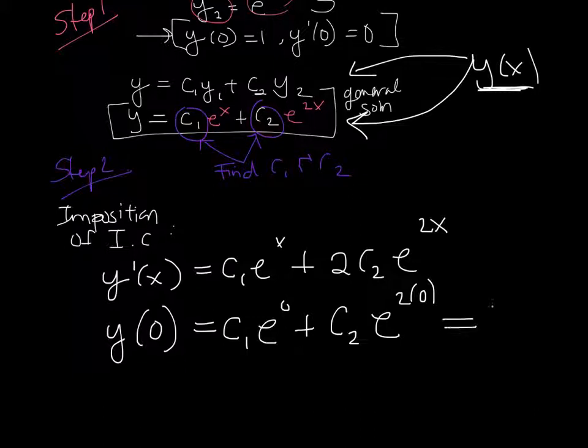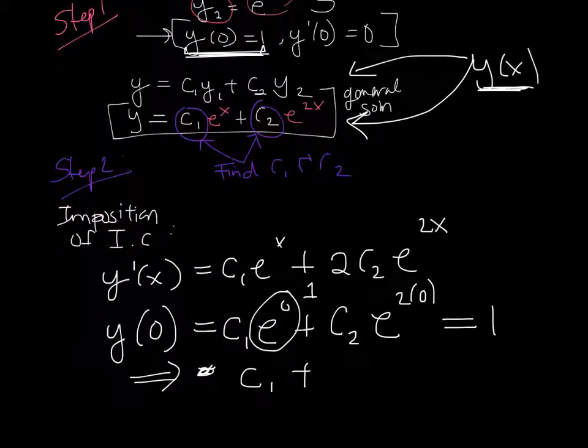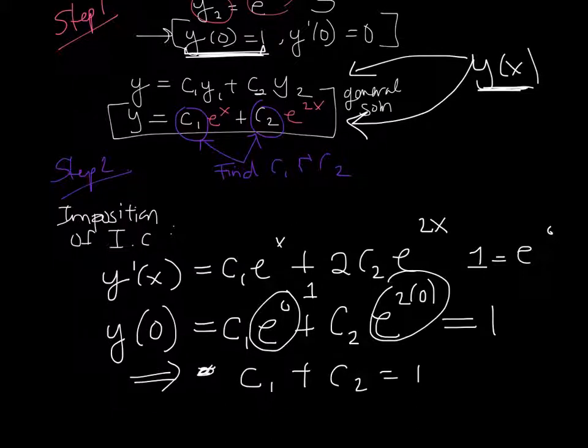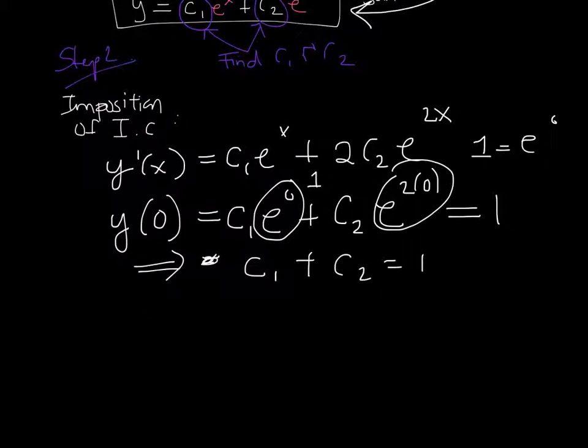That's going to be equal to 1, right? I'm using this initial condition. And what is that going to imply? Well, e to the 0 is 1. C1 times 1 is C1 plus C2 equals 1. Okay, so I'm going to go ahead and box this.